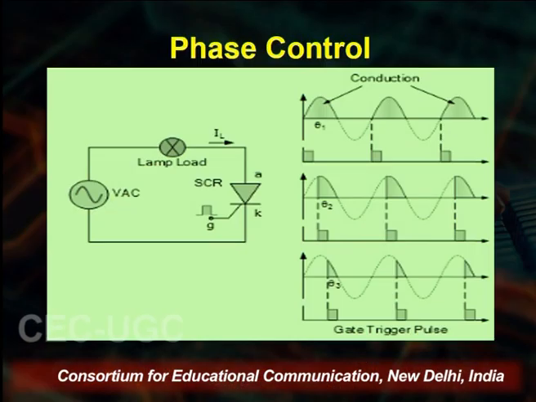Thus, phase control can be used to trigger the thyristor at any point along the positive half of the AC waveform. And one of the many uses of the silicon controlled rectifier is in the power control of the AC system. As you see in the diagram, it is very clear how it is conducted and how it is triggered. This is the conduction point in the waveform.